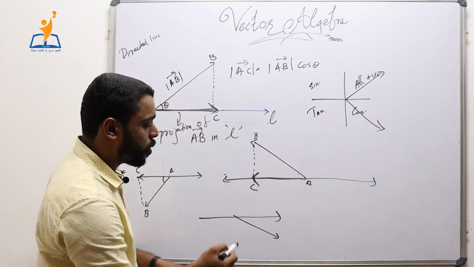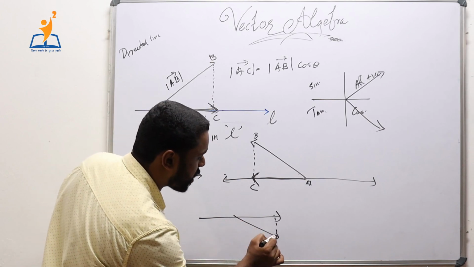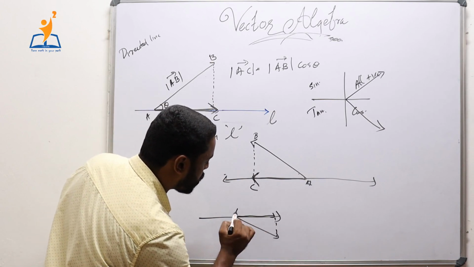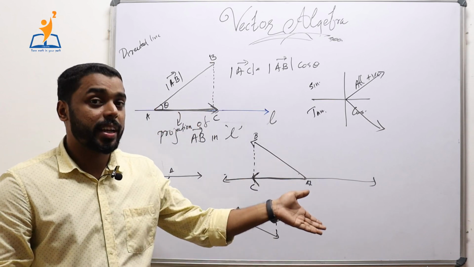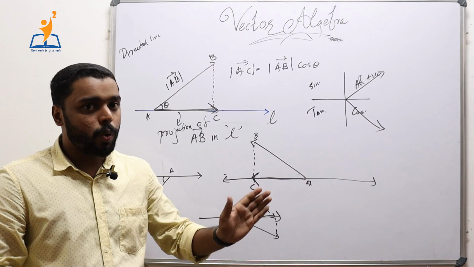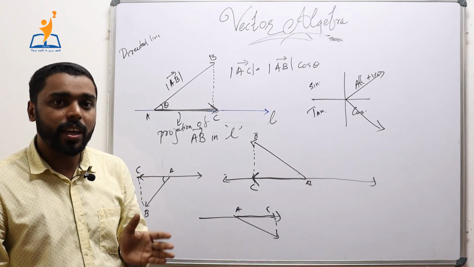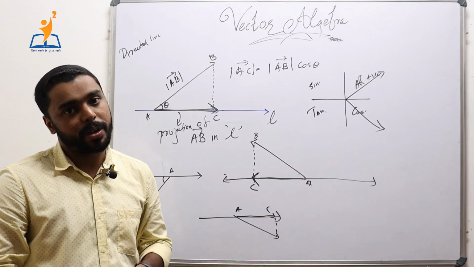Since it is in the fourth quadrant, cos theta is positive, so the direction of the projection is from here to here. So it is easier for you to choose the direction of the projection, because the direction of the projection is very important when it comes to your competitive exam.